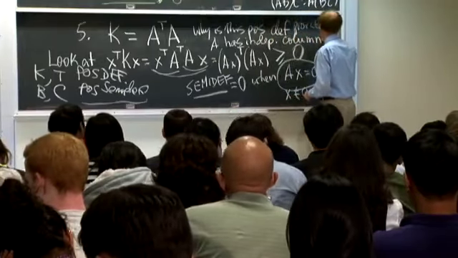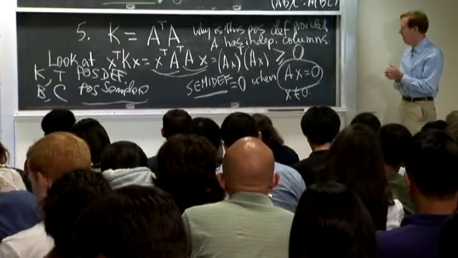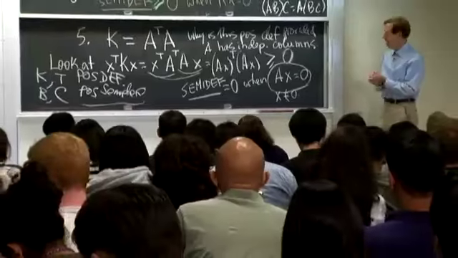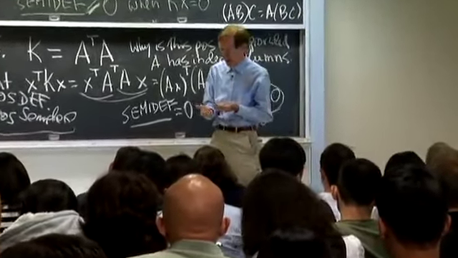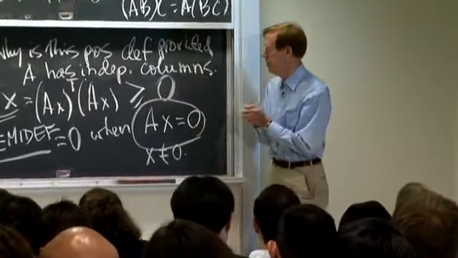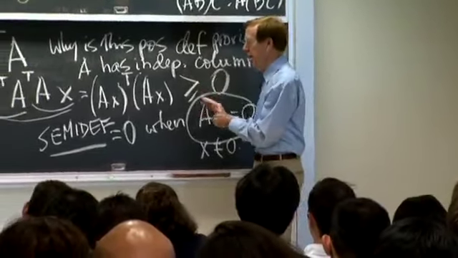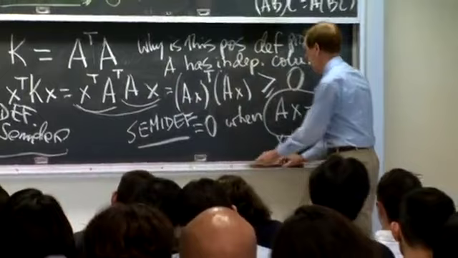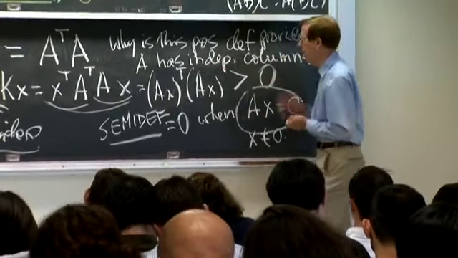So I just needed to give you another way of looking at this AX equals 0 question. If A has independent columns, what does that mean? That means that the only solution to AX equals 0 is the 0 solution. In other words, this thing works perfectly and gives me positive definite when A has independent columns.